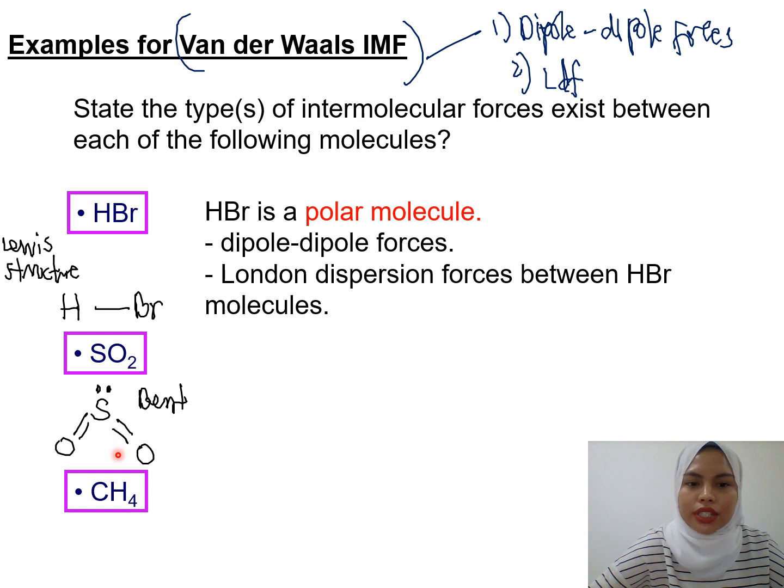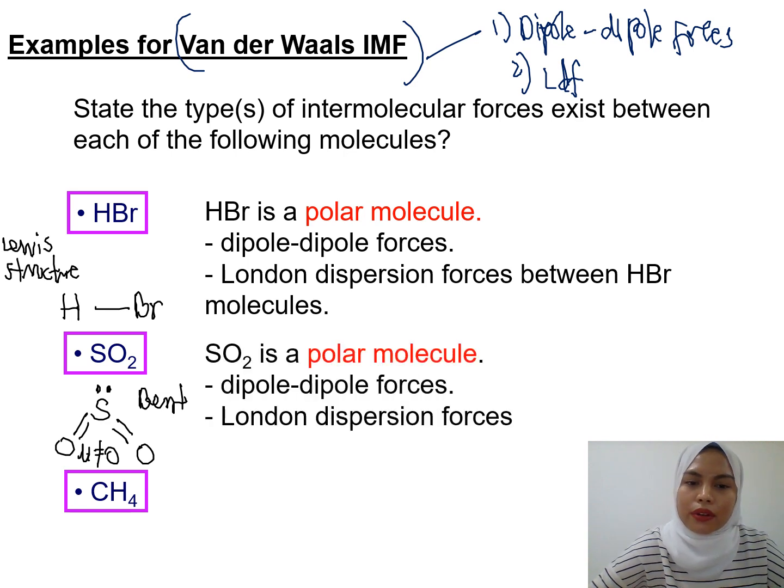So bila dia punya shape asymmetrical, therefore dia punya bond dipole cannot cancel out each other. Bila bond dipole dia tak boleh cancel out each other, that means dia ada dipole moment. Dipole moment dia tak akan equal to 0. Therefore SO2 is a polar molecule. Okay, kalau polar molecule ada what type of van der Waals forces yang ada dekat polar molecule?